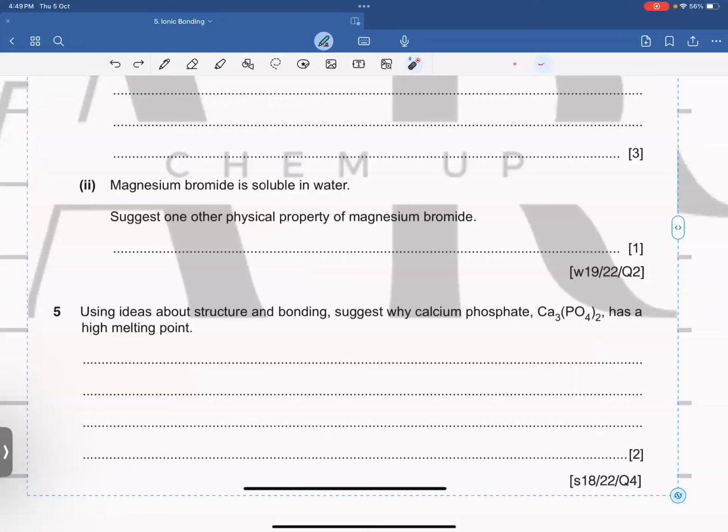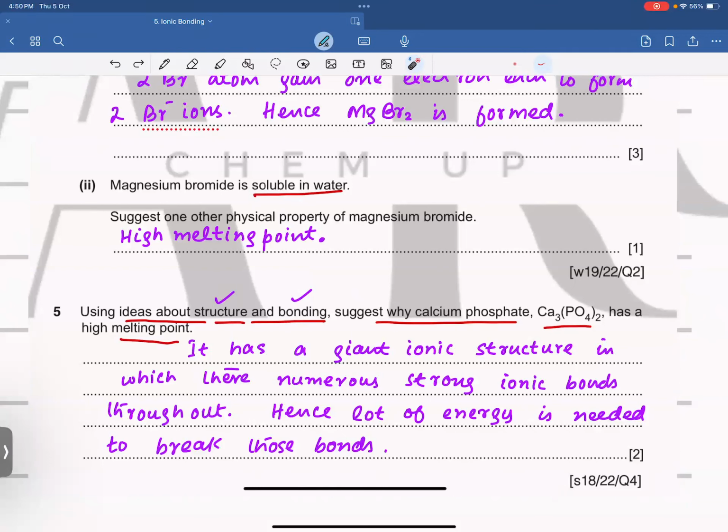See, instead of asking for the property, they have given you the property, that its melting point is high, and they are asking you to explain with the idea of structure and bonding. So the reason is that it has a giant ionic lattice, because there is a calcium ion and a phosphide ion, and numerous ionic bonds form the lattice, hence a high amount of energy is needed. Understood? Yes, Anya?